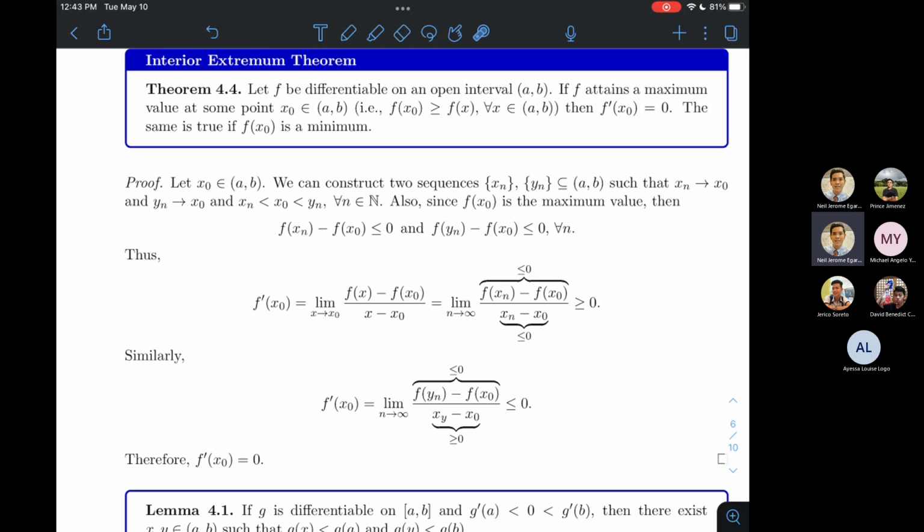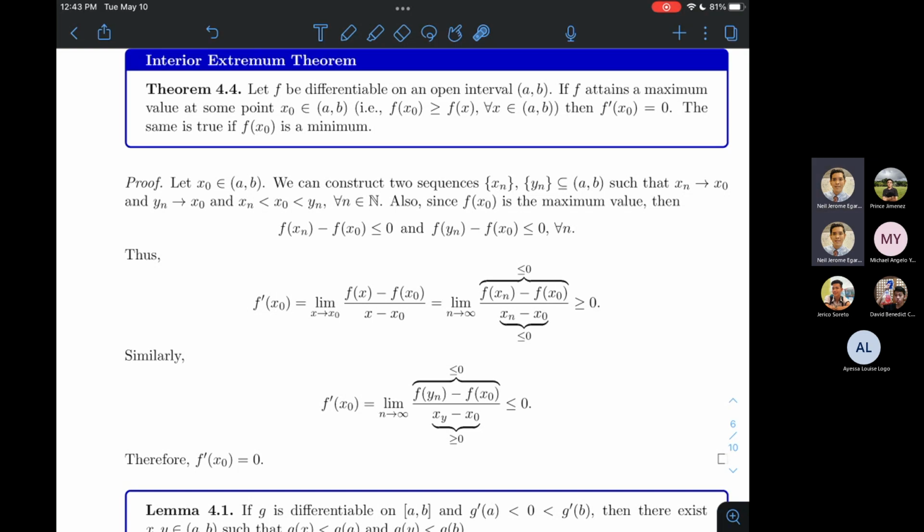Okay? So, all right. So assumption, nagma-maximum or nagmi-minimum yung function f kay x sub 0. So it's either f of x sub 0 is either a maximum or a minimum of the function f, or more particularly it could be a relative maximum or a relative minimum.